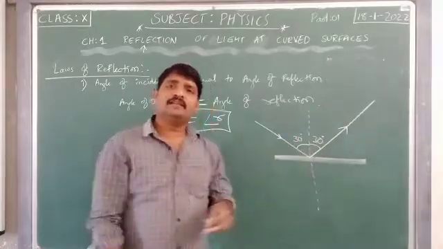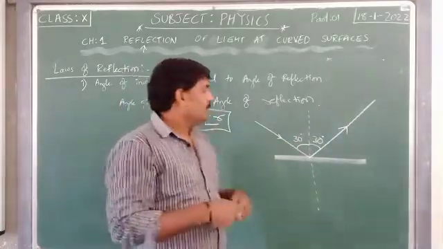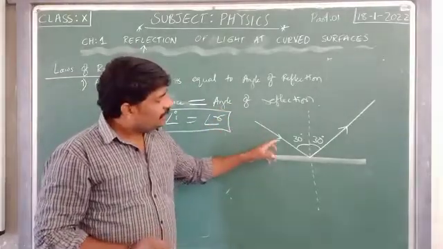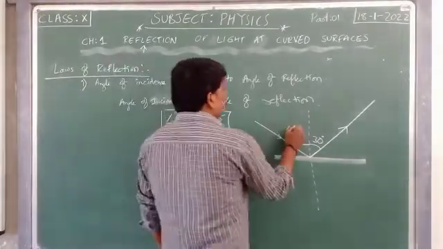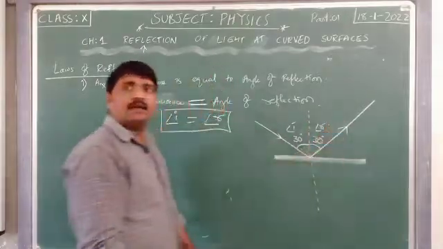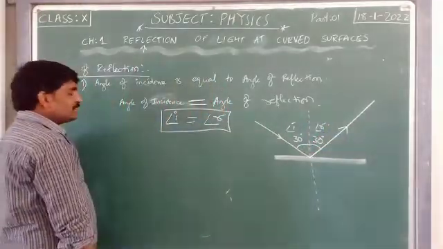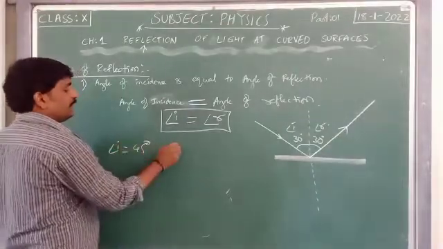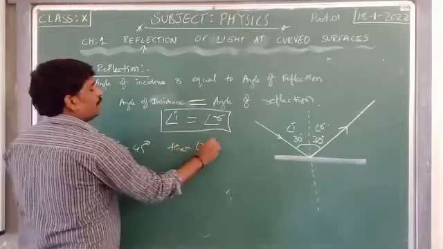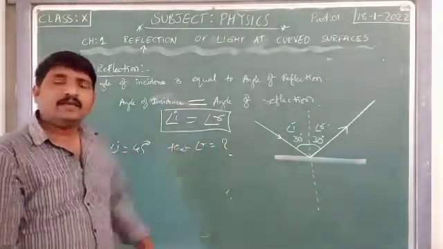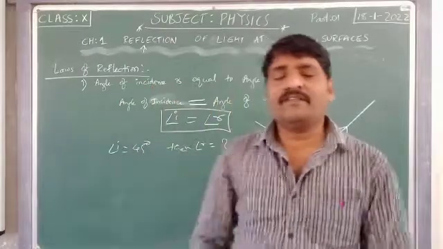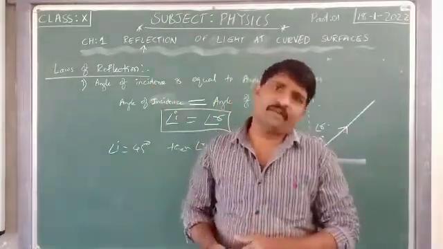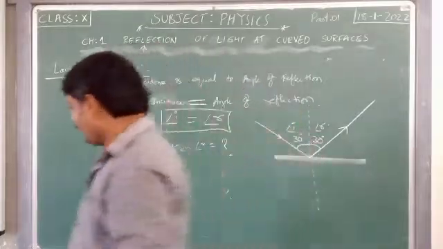This we are calling the law of reflection. According to the law of reflection, the angle of incidence, angle I, is equal to angle R. Suppose I ask you a question: if angle I is equal to 45 degrees, then angle R is equal to what? Obviously, according to the law of reflection, if angle I is 45 degrees, angle R will be 45 degrees.